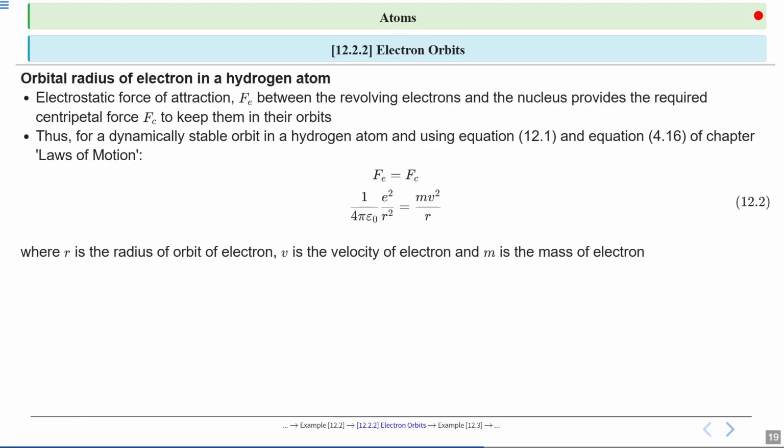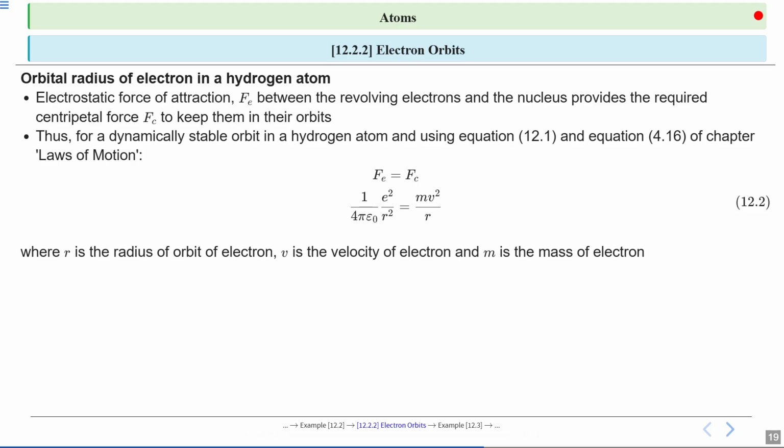Okay, so let's write out the full expression for both cases. So what is the electrostatic force according to equation 12.1? That is 1 by 4 pi epsilon naught e square upon r square. What is the electrostatic force between two charges? It is given by 1 by 4 pi epsilon naught q1 q2 upon the square of the distance between them.